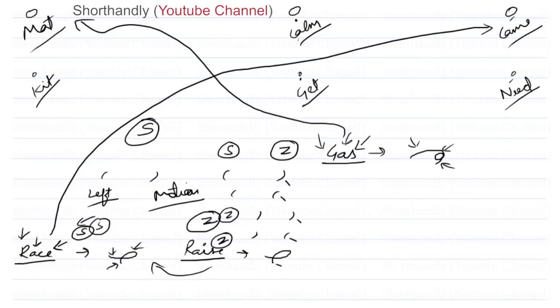But if we have another word here called gaze, now if you notice, we have this Z sound coming from here, because if you pronounce this word it goes like gaze, and if you pronounce this word it goes like gas. So here we have S and here we have Z. How will we make this word?